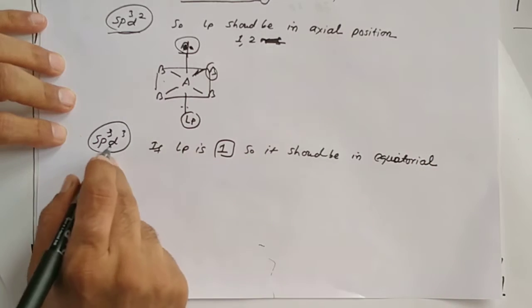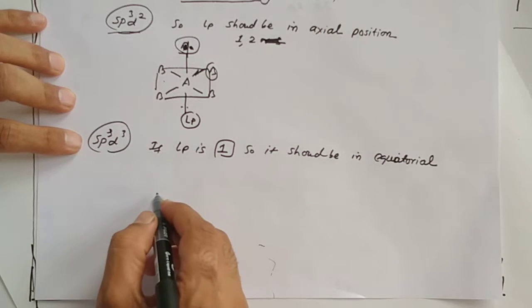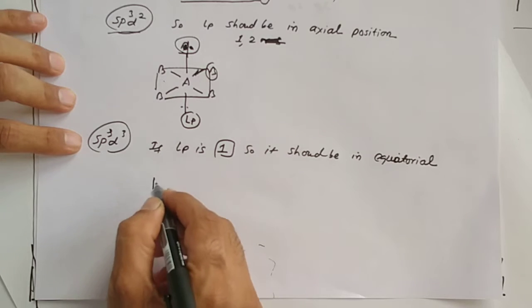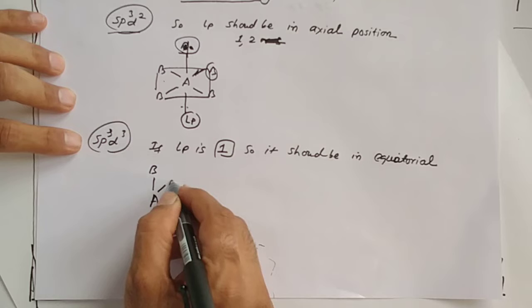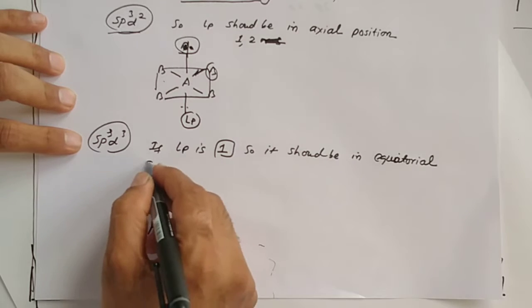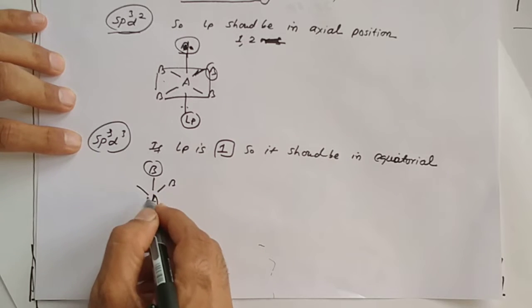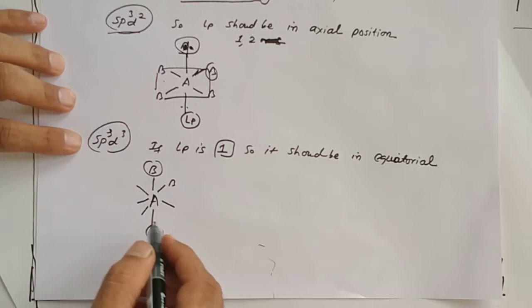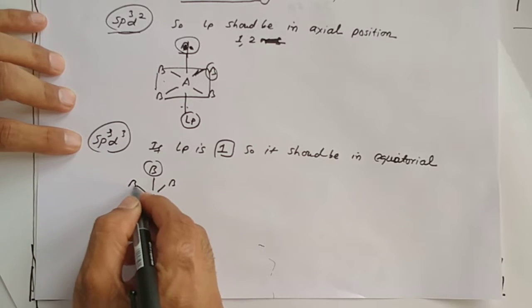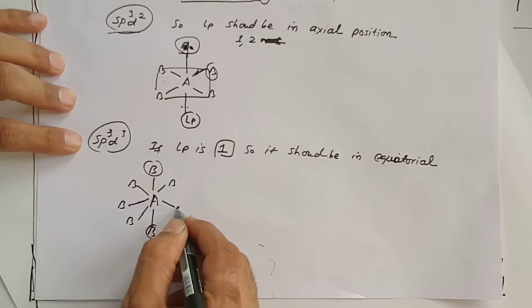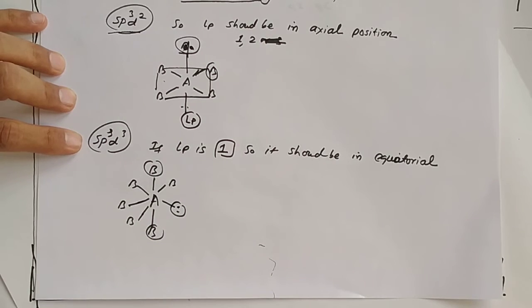Only 1 lone pair in sp3d3 means total 7. These 2 are axial. Now the remaining 5 are equatorial. So out of 5 there should be 1 lone pair.